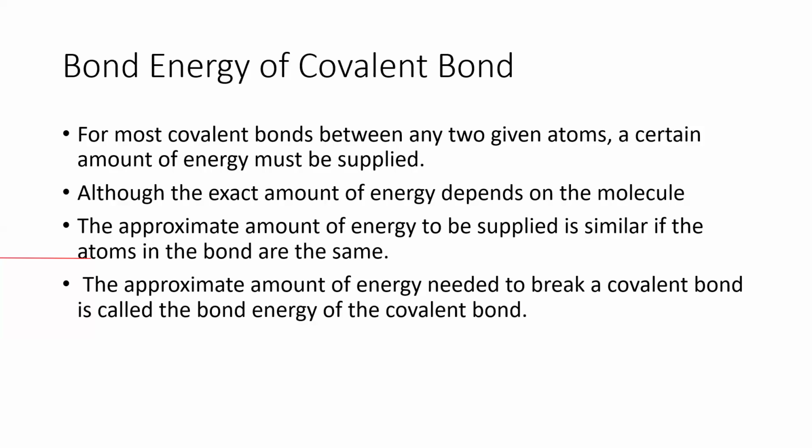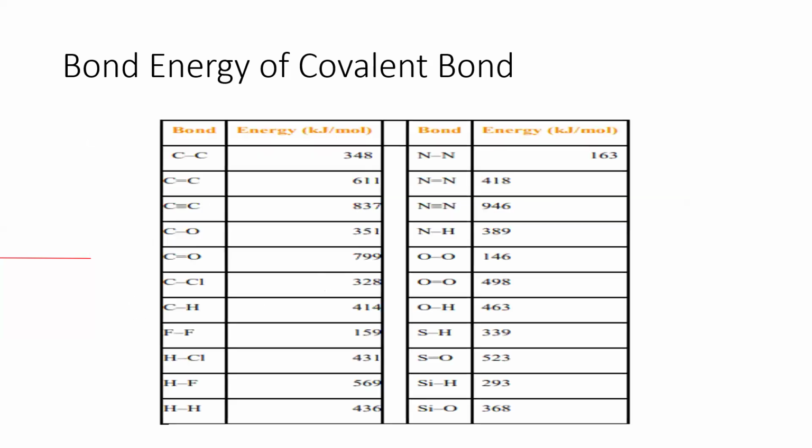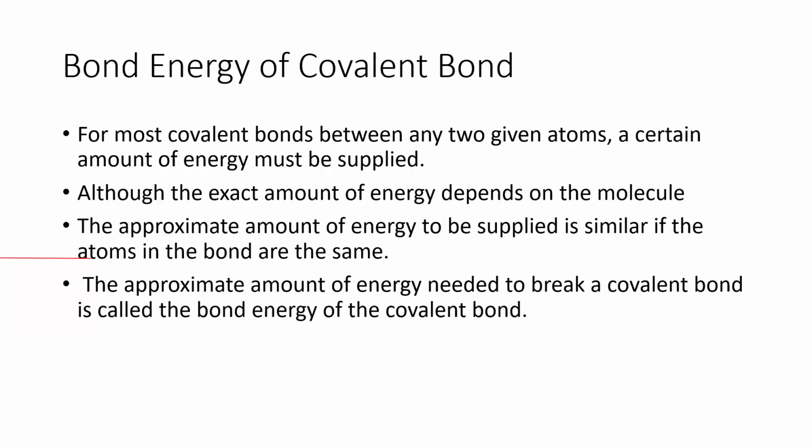And when you want to break it apart, you need energy. That's why we call it bond energy, covalent bond energy. The approximate amount of energy needed to break a covalent bond is called the bond energy of the covalent bond.